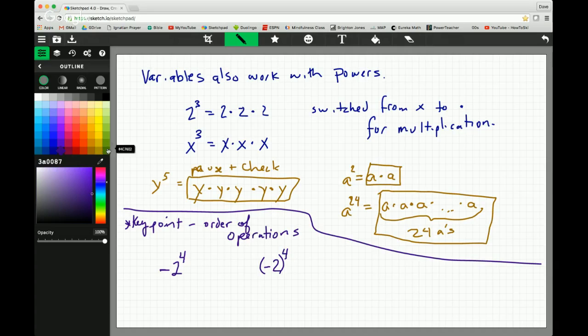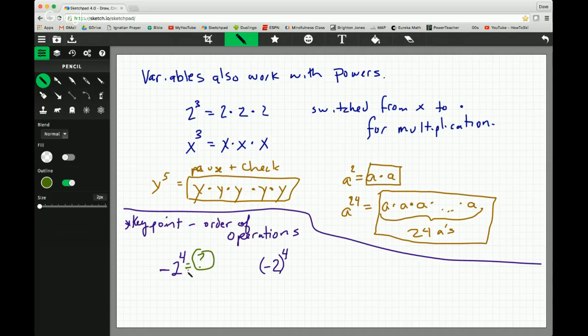The question is, what does this equal? What does that equal? Is that equal to -2 times -2 times -2 times -2?